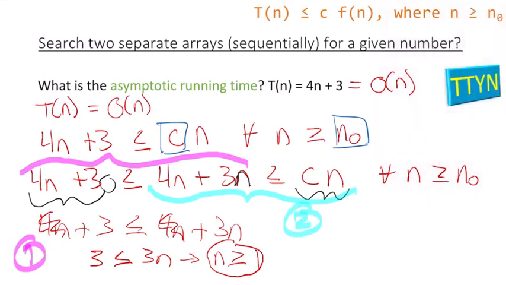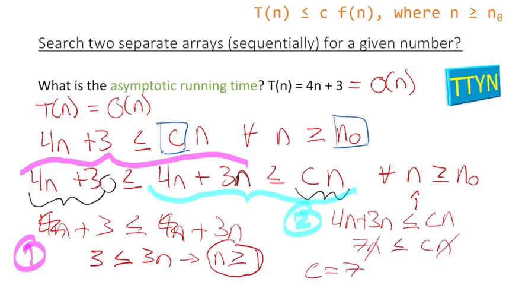Now we need to do our second step, which is to say that 4n plus 3n is less than or equal to c times n. And don't forget, we still have our condition here for n greater than or equal to n naught. So 4n plus 3n is 7n, is less than or equal to cn. Divide both sides by n, and we've got that c is 7.